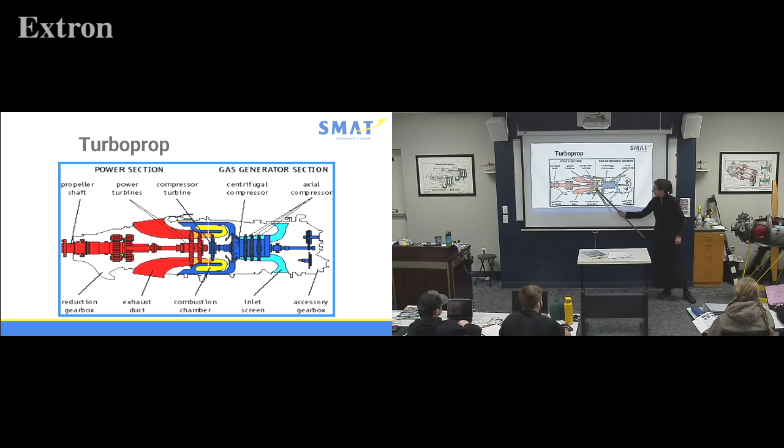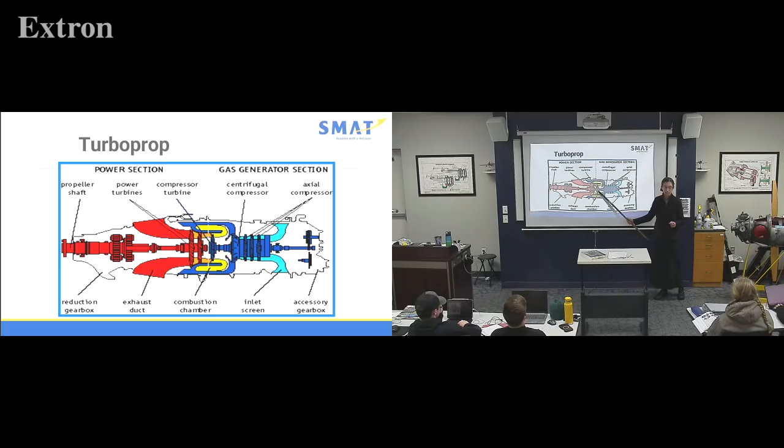Do you think the guy that was drawing this didn't have enough veggies and forgot to draw a line through there? Correct. So it is a split engine. There is no connection between. This is called our compressor turbine because it's connected to our compressor.